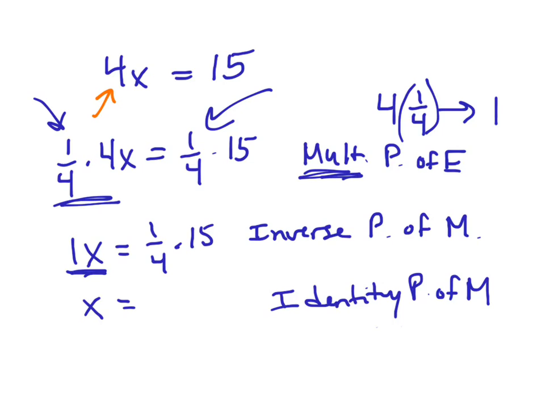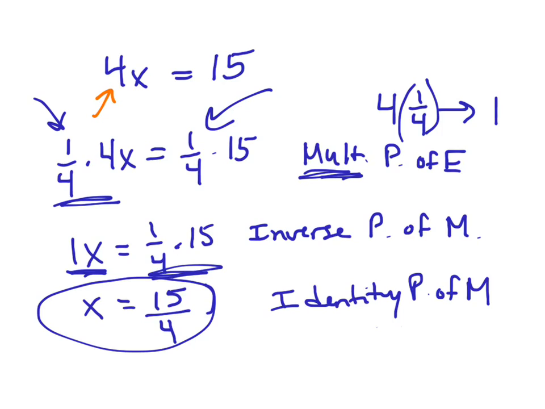And now I know the value of x. 1/4 times 15 is 15 over 4, 15/4. Okay, so we've solved for x, we've found its value, and we've used 3 different properties to explain each step.